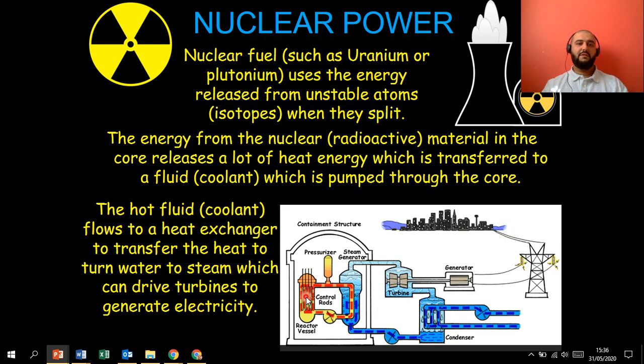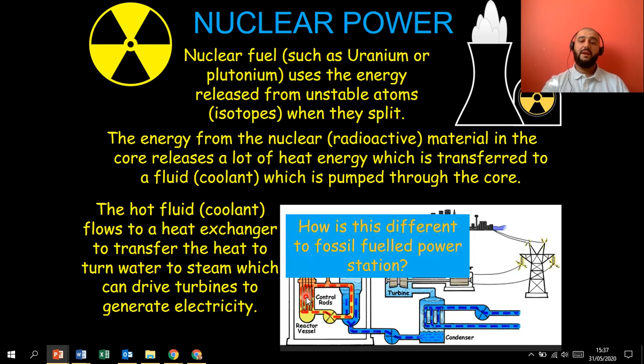And that's something that, again, you can read up about. Most of you seem quite clued up about it as a result of watching that Netflix program or whatever it was. But that's something that's really required. And so water is used as well as a coolant, which is pumped through the actual radioactive core itself.